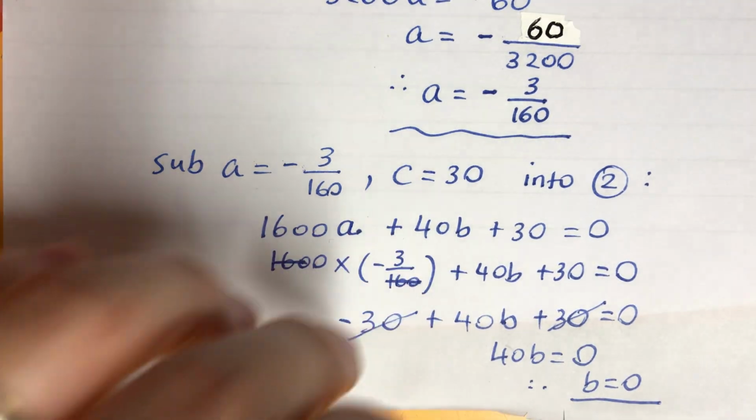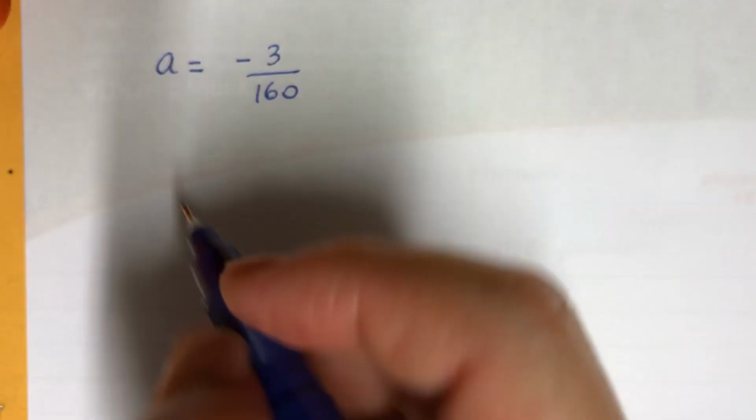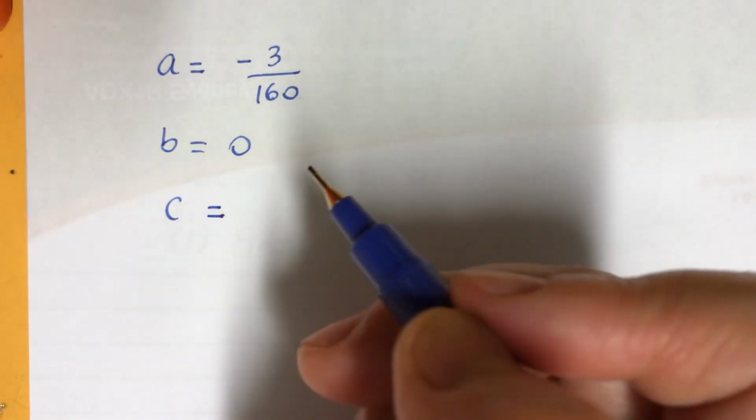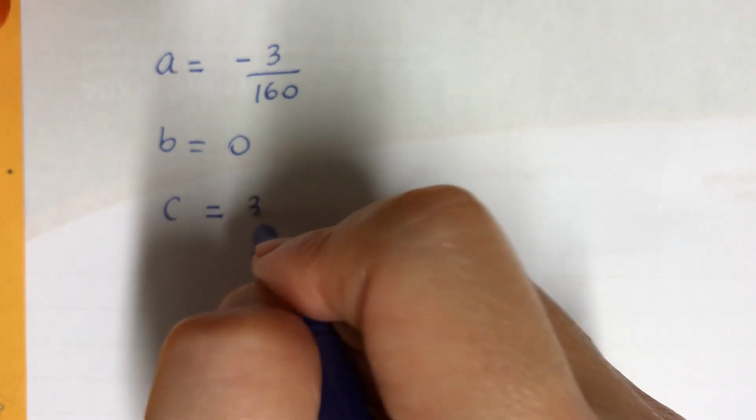Okay, so what happens now is, I'm going to get a new paper here. So I had a equals, what was my a? Minus 3 over 160. And then what was b? b was 0. And what was c? My c was 30.